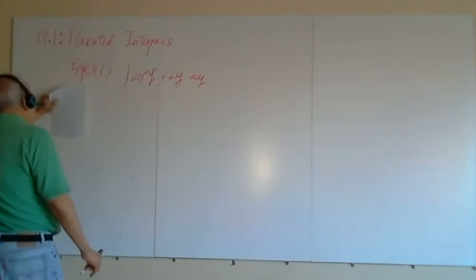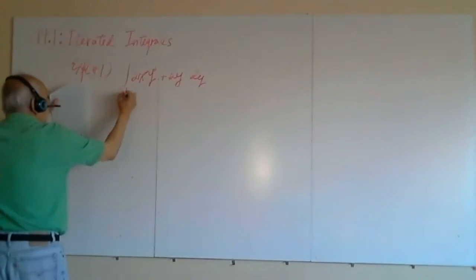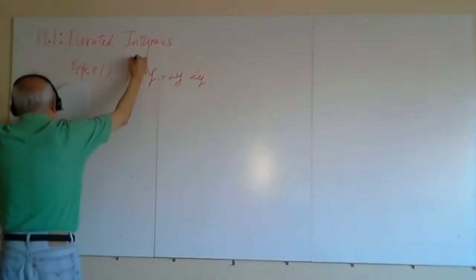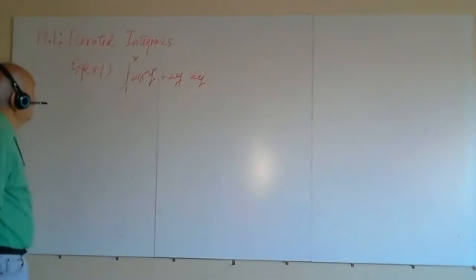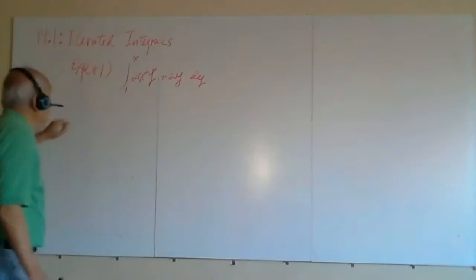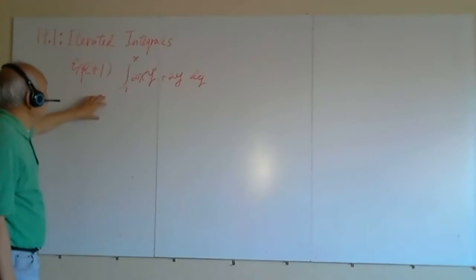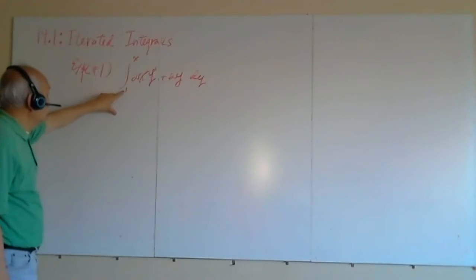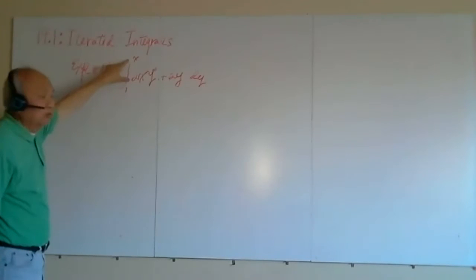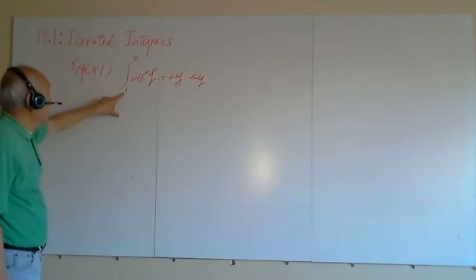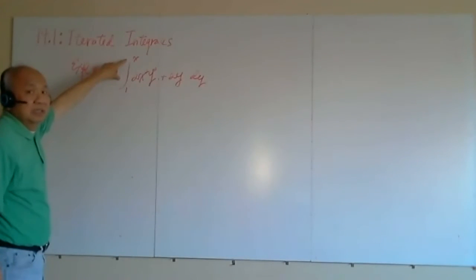The only difference is that this limit is 1, but this one is x. Remember, up to this point, every time you do a definite integral, the lower bound is always a whole number and the upper one is also a whole number. But here this one is a number, but this one is actually a variable, right?